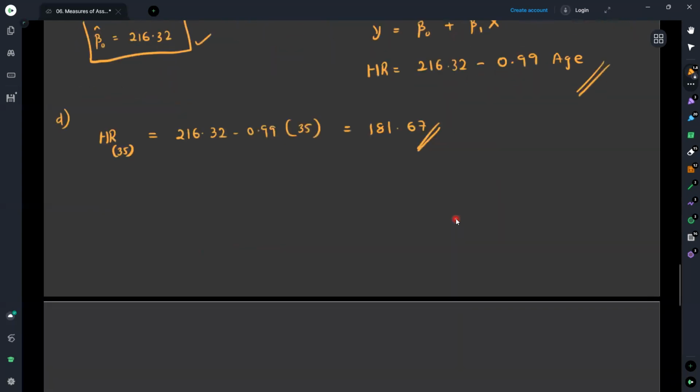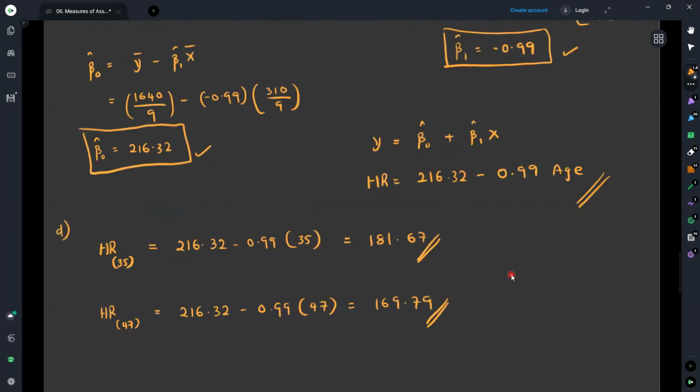Then for a person having the age of 47, we can take 216.32 minus 0.99, and now instead of age, we substitute the value 47. Performing this calculation, we'll get 169.79.